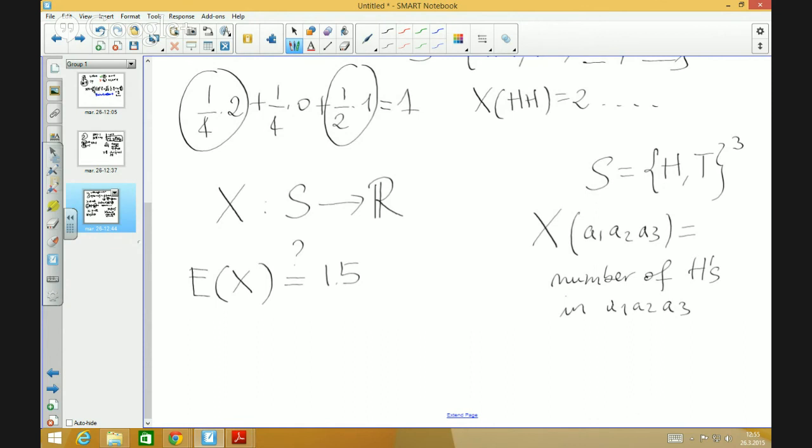Remember, before we calculated the expected number of heads in 2 coin tosses, and this was 1. Now you toss 1 more, and the probability of getting a head is 1/2. So if you sum 1 with 1/2, you get 1.5.